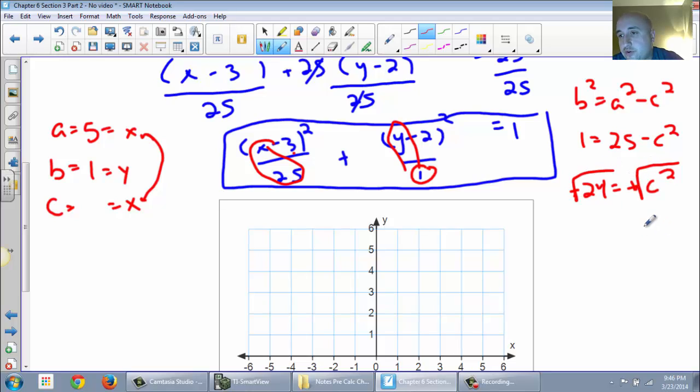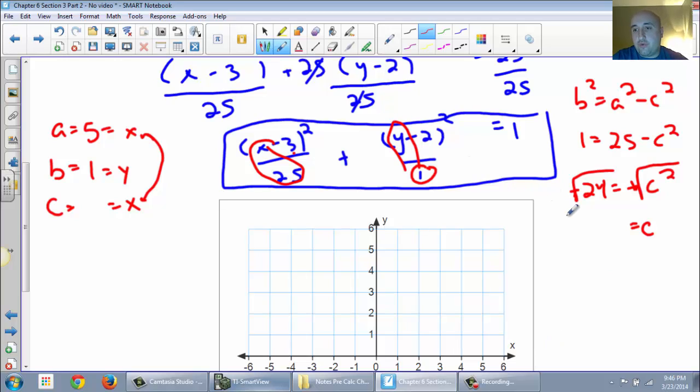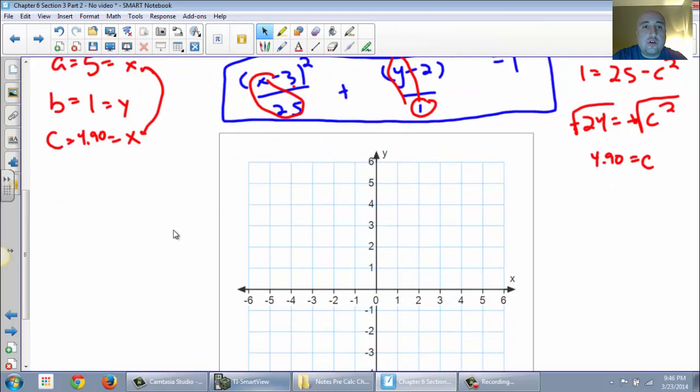Take the square root of 24 on the calculator. Square root of 24 equals 4.898, we're just going to round that to 4.90. So c is 4.90.